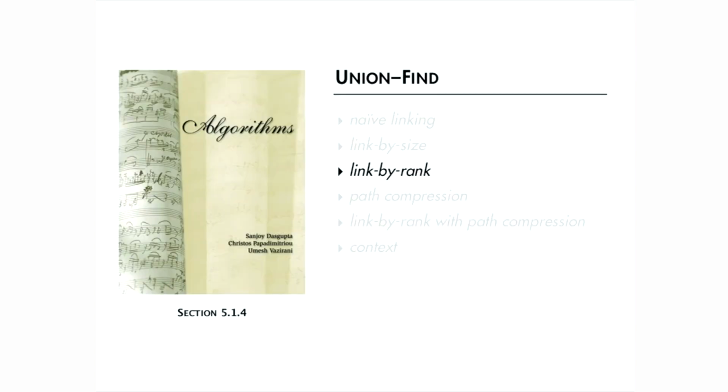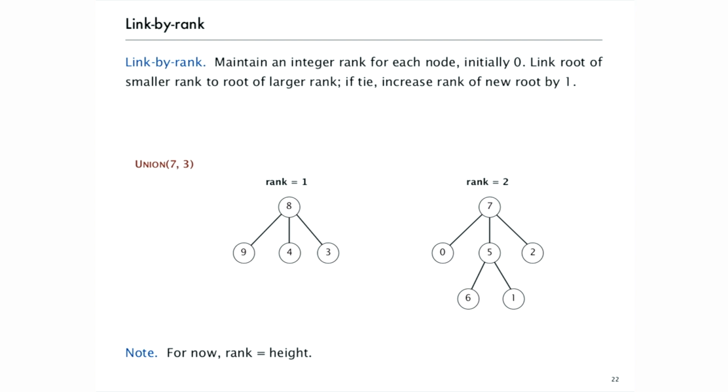Now let me tell you what we will use most of the time. It's called link by rank. Link by rank will maintain an integer rank for each node. Initially it is 0, but now we say link a root of smaller rank to a root of larger rank, and in a tie just choose arbitrarily as before.